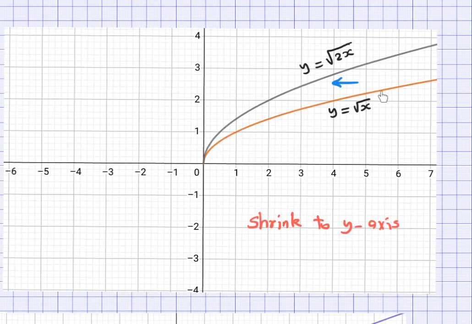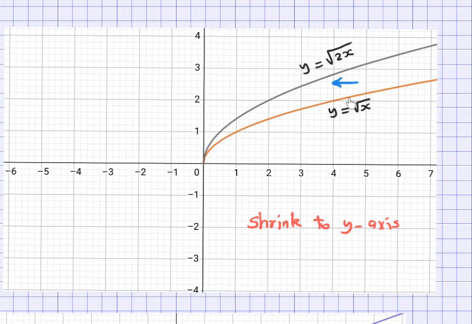If the original function is y equals root x and we multiply x by 2, multiply x, not root x, we switch x to 2x. In this case, the new points will be x divided by 2. Do the opposite. X divided by 2 and y. This is the original sketch. If we multiply x by 2, we get this one.